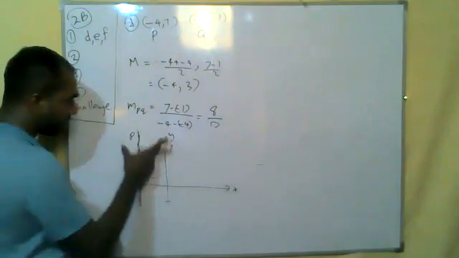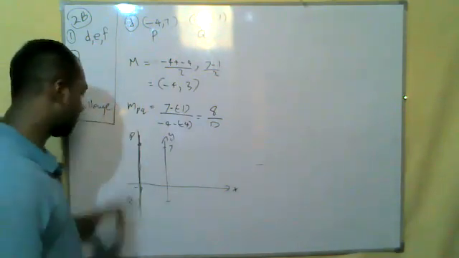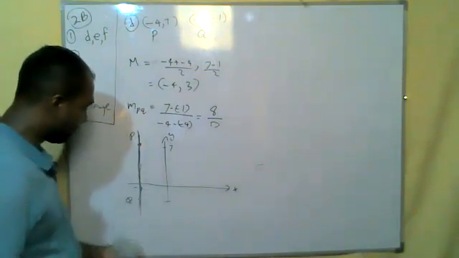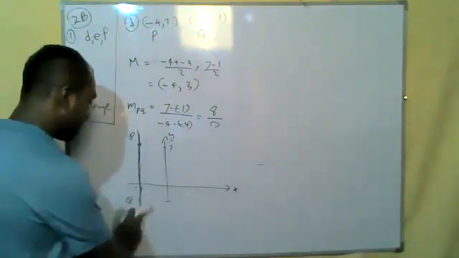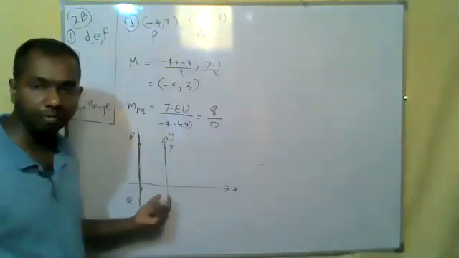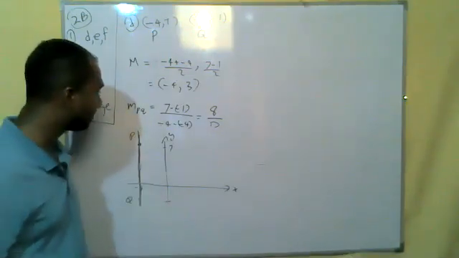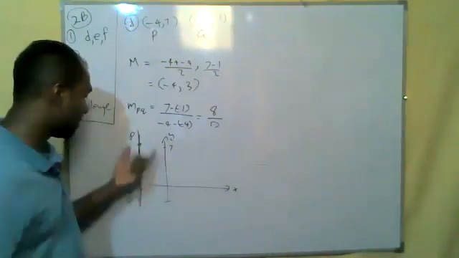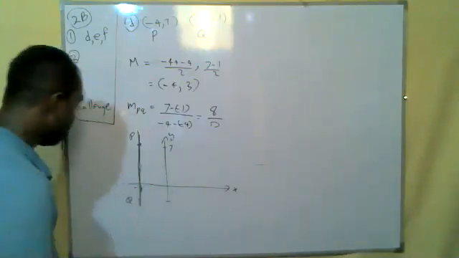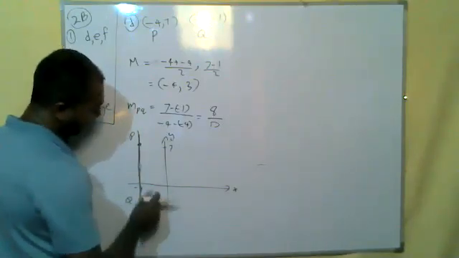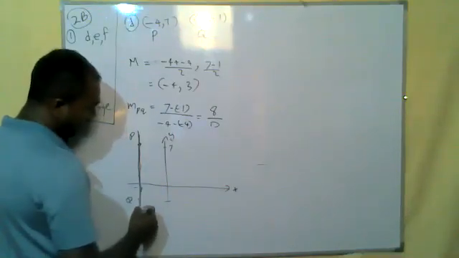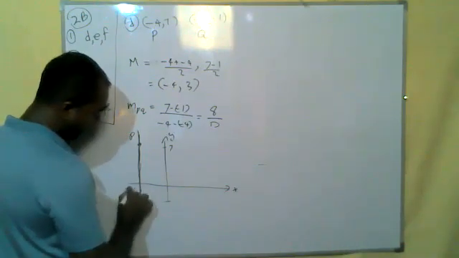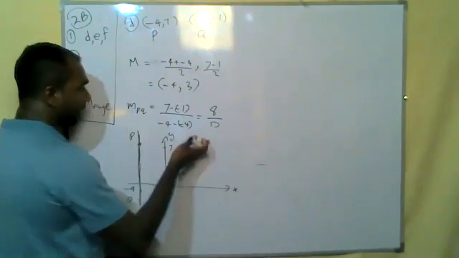So what is the importance of these lines? The lines which are parallel to the y-axis have an infinite gradient. Actually, we don't talk about the gradient of lines parallel to the y-axis. So how can we write the equations of those lines? Why can't we say the gradient is infinite?